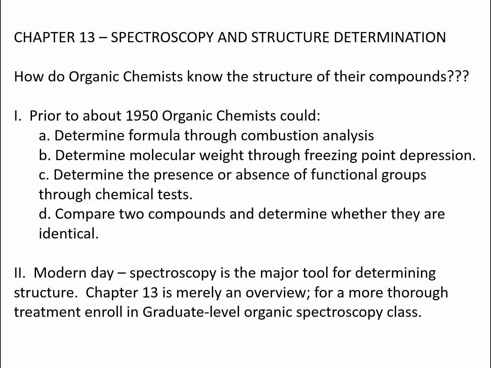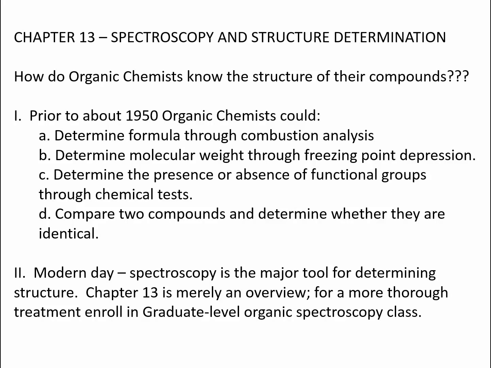You could determine the molecular weight through various processes like freezing point depression and titration for carboxylic acids and amines and various other methods. You could determine the presence or absence of functional groups through chemical tests, and you could compare two compounds and determine whether or not they were identical.